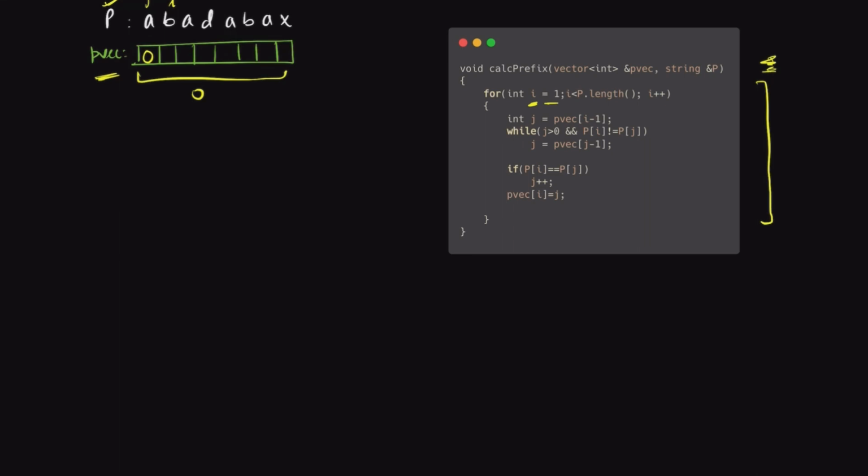Now let's run the algorithm, and you can see that here i is not equal to j, so the value will be 0, and then we move i forward. Now you will see i is equal to j here. That means we increment j with j++, and we also put pvec of i equal to j.